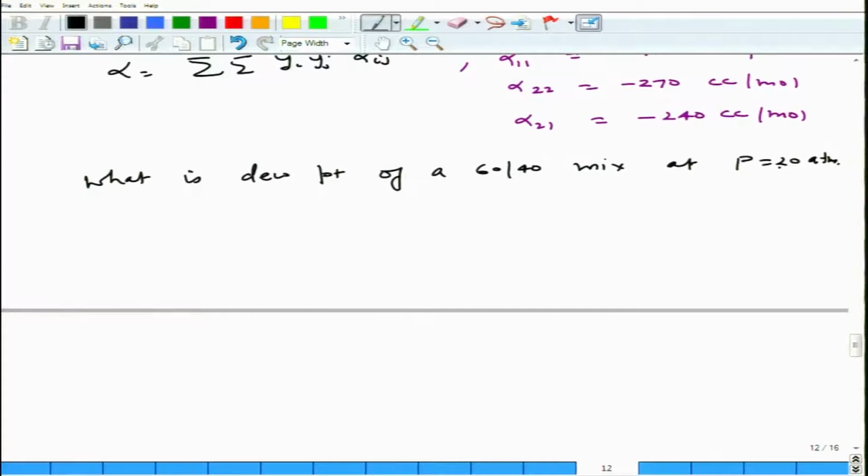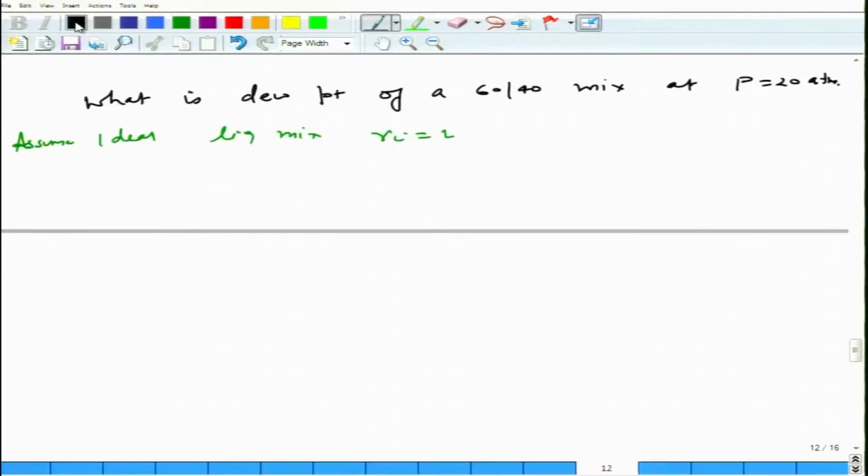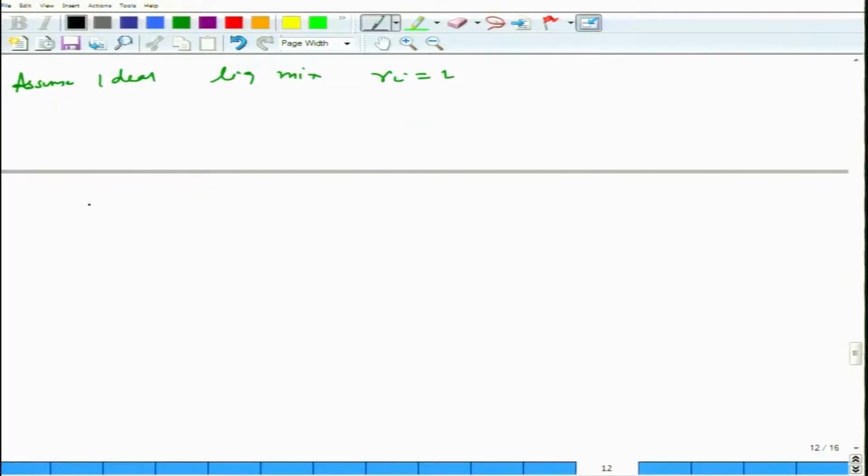Now, what we have been asked is that you can make use of an ideal solution. So, we can assume an ideal liquid mixture, which means gamma i is basically 1. What is given to us is the relation of pressure and temperature for the vapor phase in terms of the following expression.